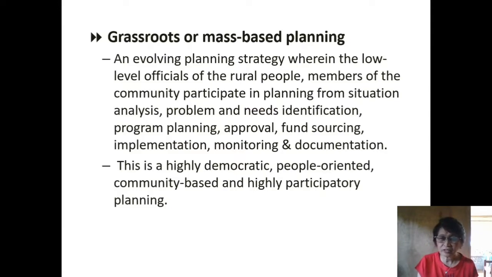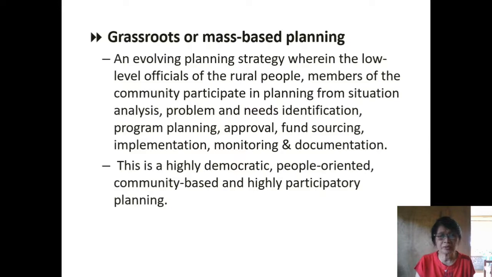However, on the other hand, the weak point is they don't know the general vision and mission of the whole local government unit, as it will be aligned to the national interests, and they do not yet have control of the funds.